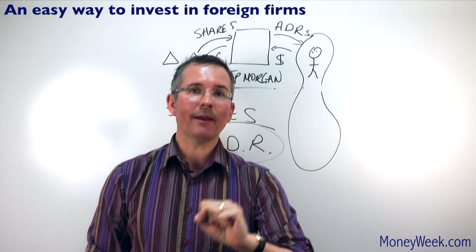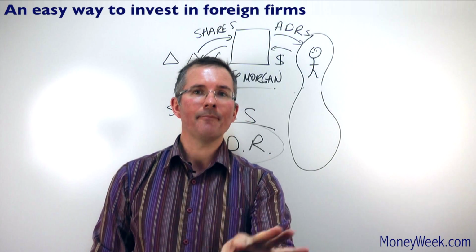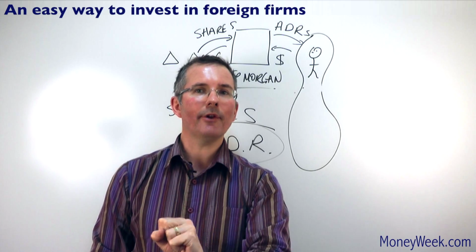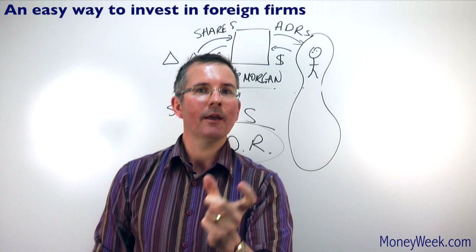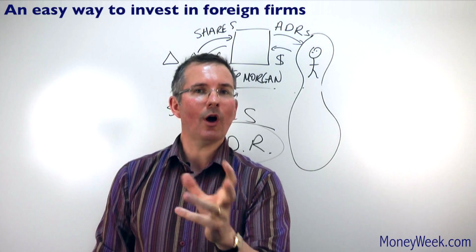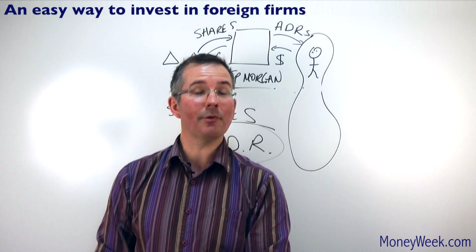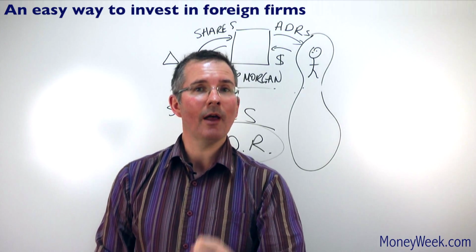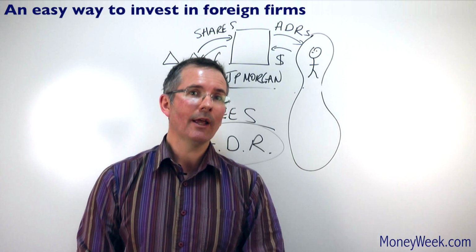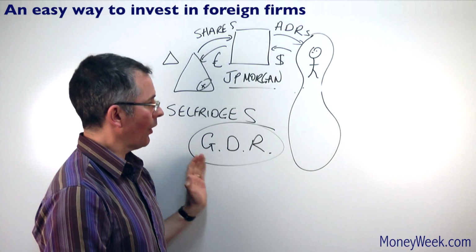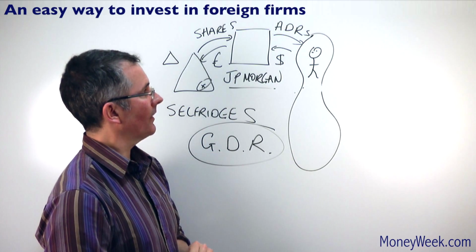So you'll have a bank that buys up shares in a range of currencies in different countries, and holds those shares and then switches them into depository receipts, and they are then listed in London.